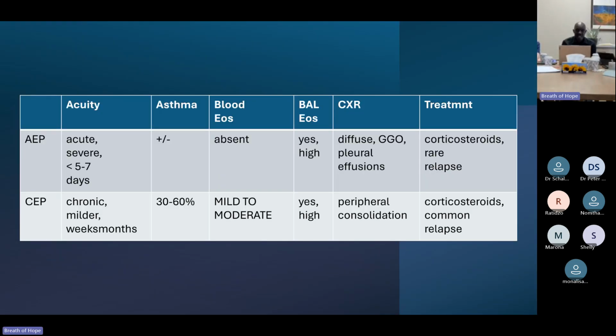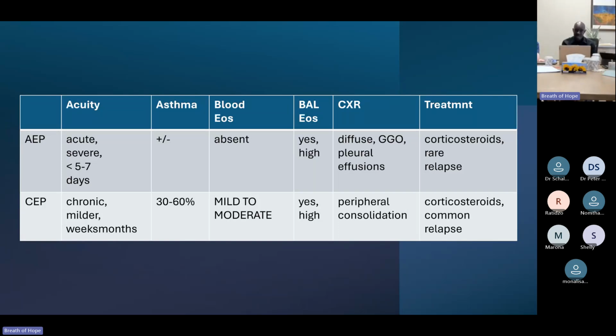And this is really a table to show the difference between acute eosinophilic pneumonia and chronic eosinophilic pneumonia. In acuity, of course, acute tends to be severe with less than 5 to 7 days of symptoms, while chronic tends to be milder, with weeks to months.